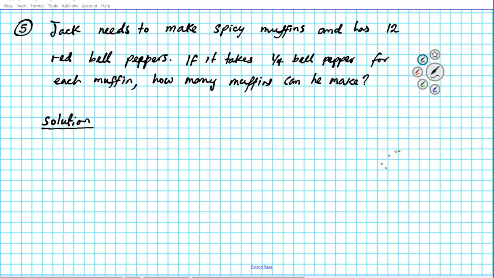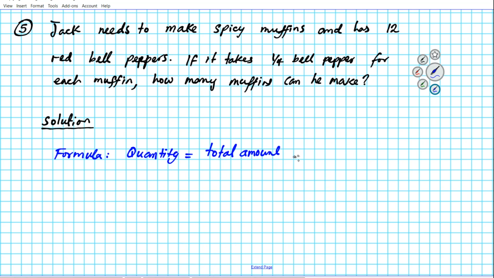All right, so the formula that we're going to use here is as follows. We're looking for the quantity of muffins to make. The quantity of muffins that he's going to make is going to be the total amount divided by the unit amount.